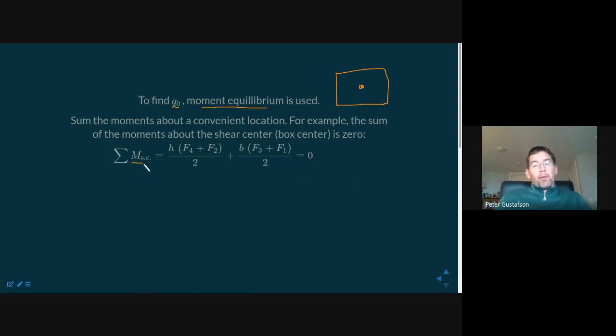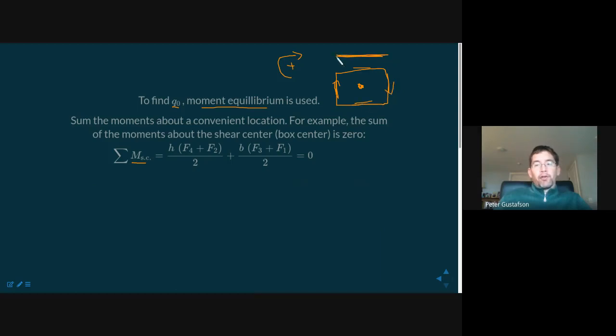So the summing of the moments about the shear center gives us, and remember this is 1, 2, 3, and 4. If we define my moments as positive clockwise, just for convenience, then all of them end up being positive. So you get F1 plus F3. That's this one and this one. They are both a distance b over 2.